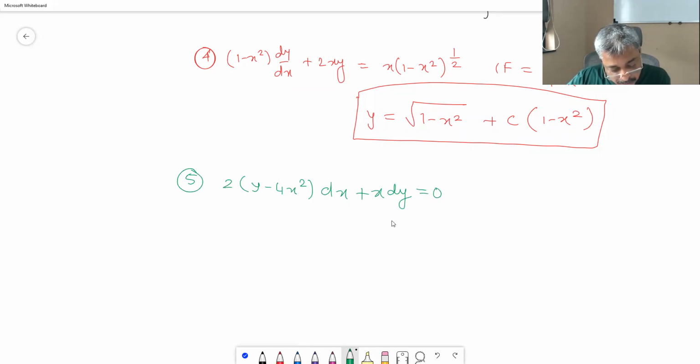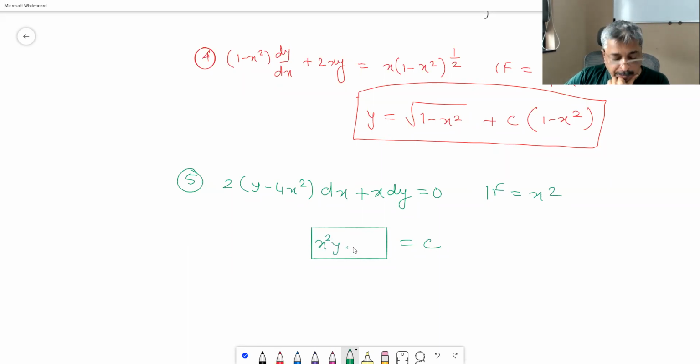Report your answer as something equal to C. Okay, in this case, integrating factor was x square and solution is x square y minus 2x fourth is equal to C.